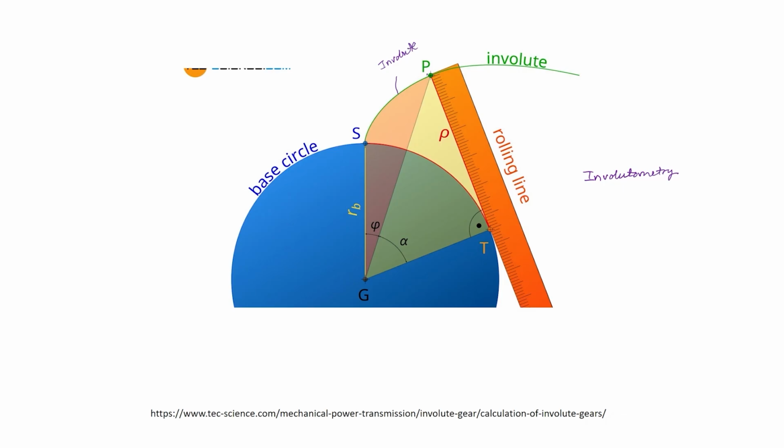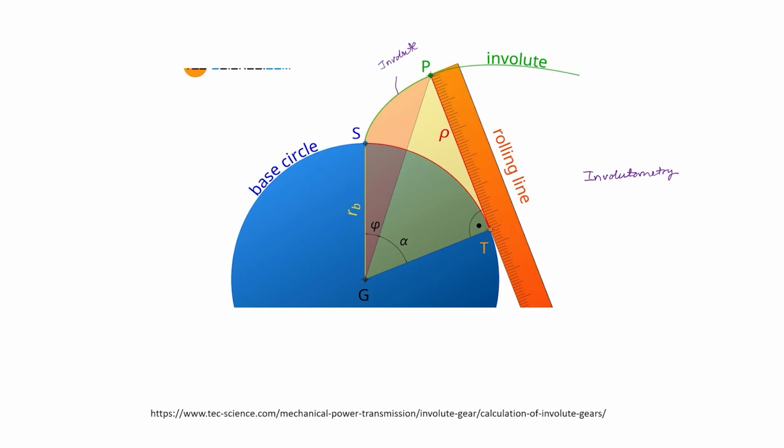So, at any point, if P is a point on the involute, then from this P, if a tangent is drawn, that tangent touches the base circle at T, capital T, and so this PT is the generating line. This line is generating the involute tooth profile.